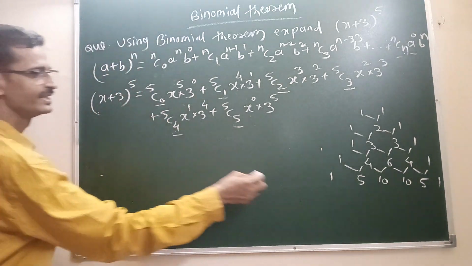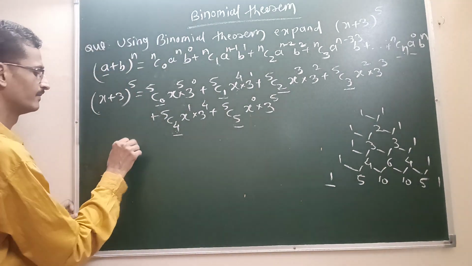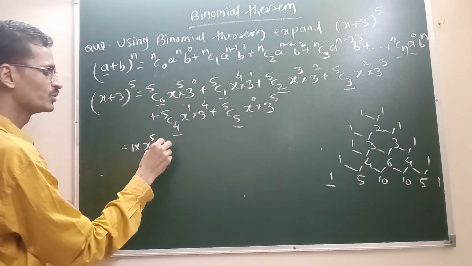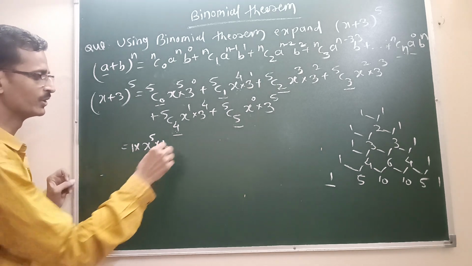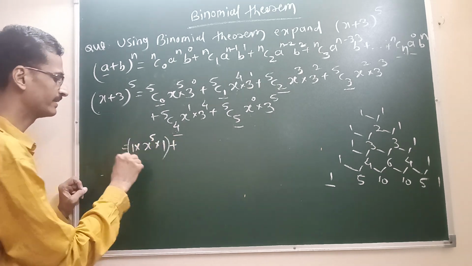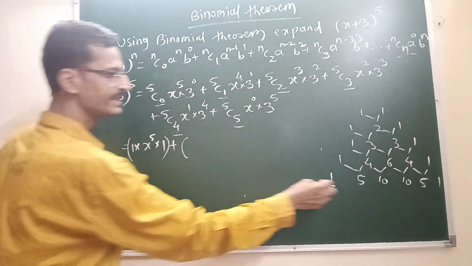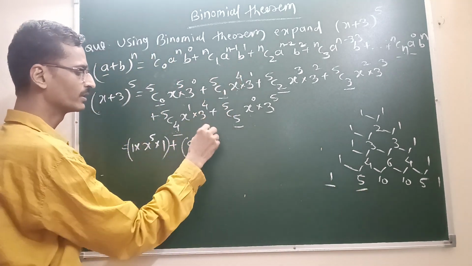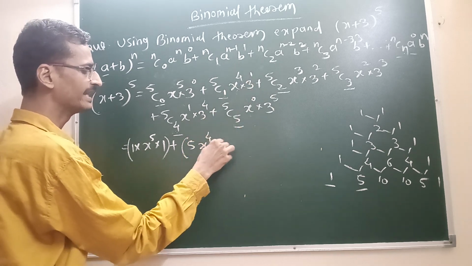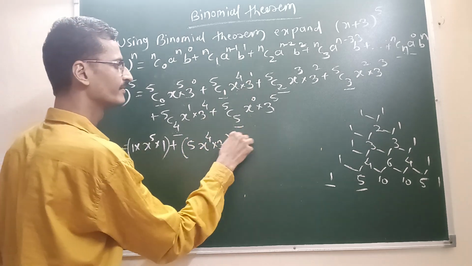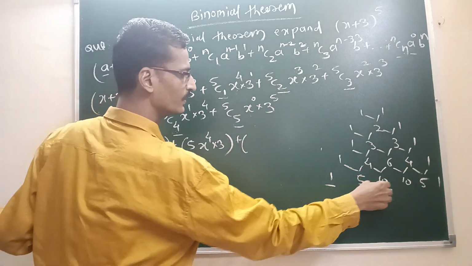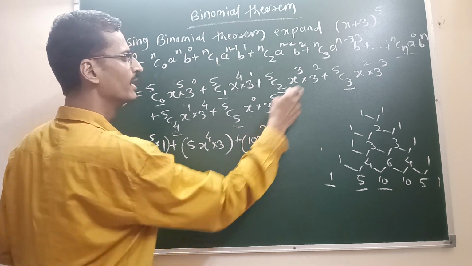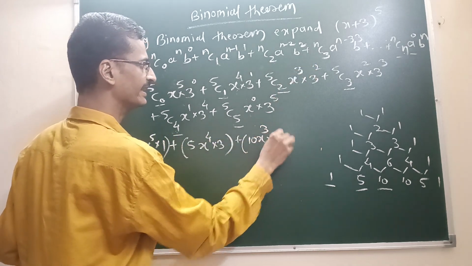So 5C0, this is 1 into x raised to 5, any number raised to 0 is 1. So 3 raised to 0 is 1. You can write a bracket here. Second term, 5C1, that is 5 into x raised to 4 into 3 raised to 1, that is 3. Next, 5C2, that is 10, x cube, 3 square, that is 9.